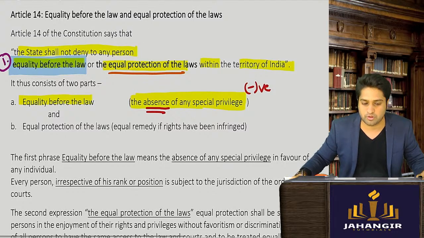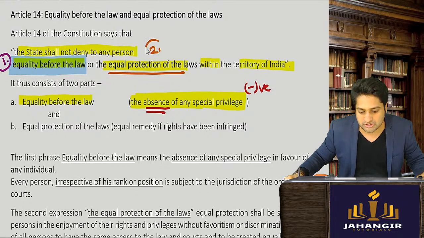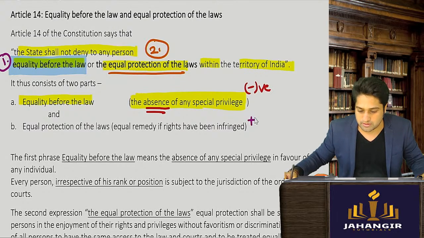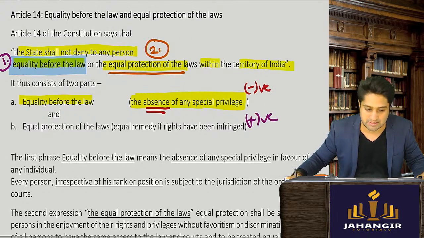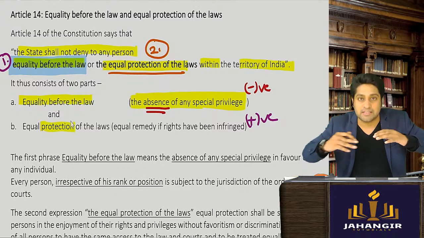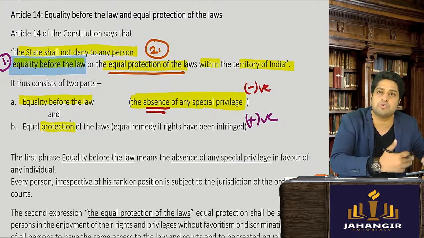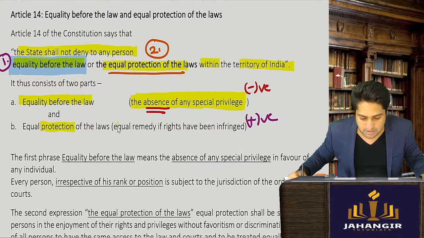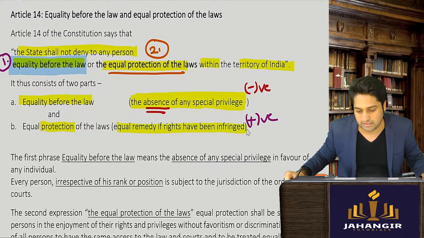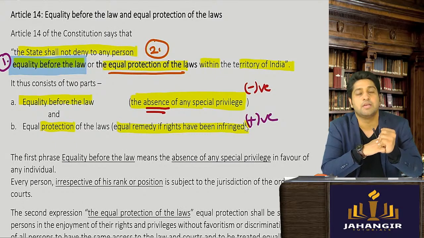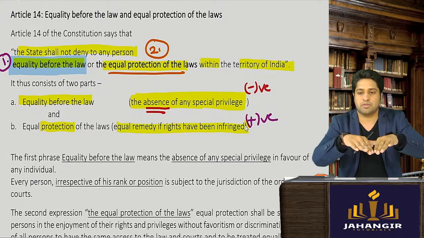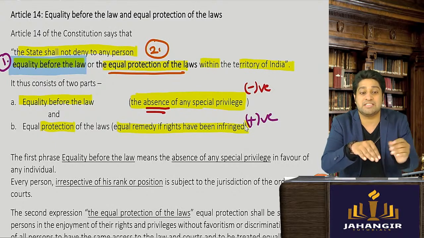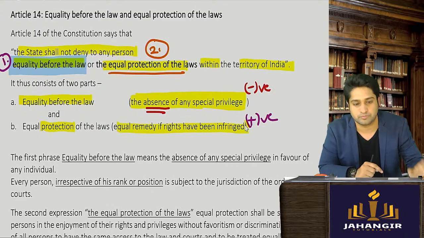Equal protection is a positive concept, meaning you will be given something: equal remedy if the rights have been infringed. So the negative concept means everyone is equal, nobody is above. And equal protection means a remedy will be given to you.